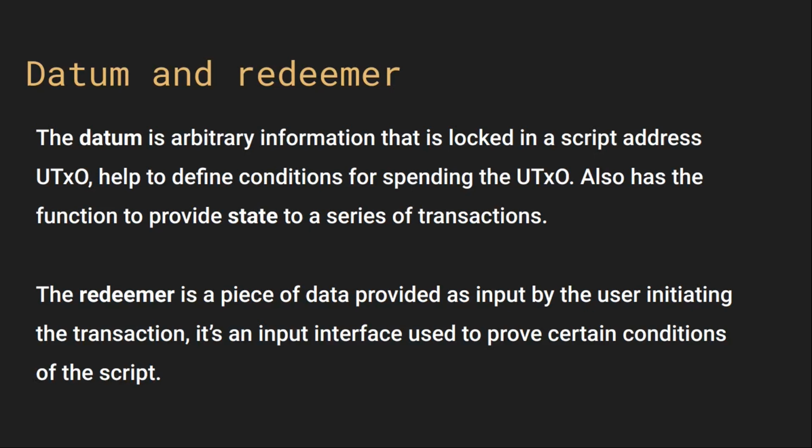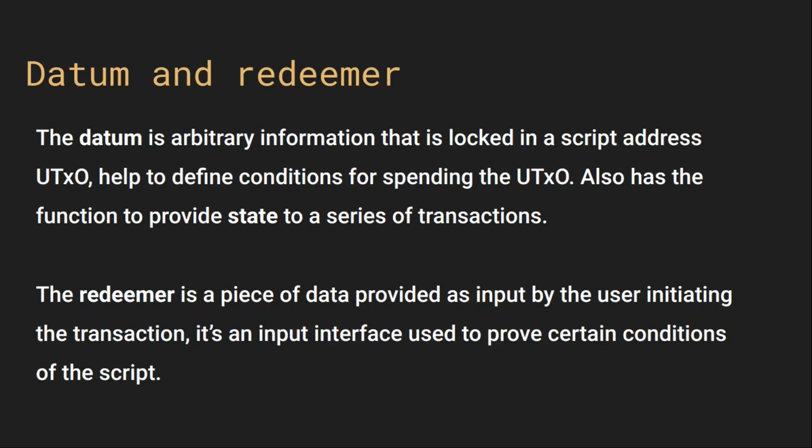Another important function is that the datum serves as state. So if we have an application, the datum has the purpose of providing the state of the transactions. That is another important point about the datum.